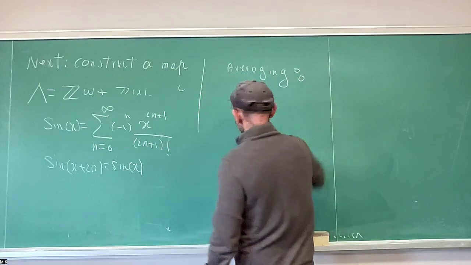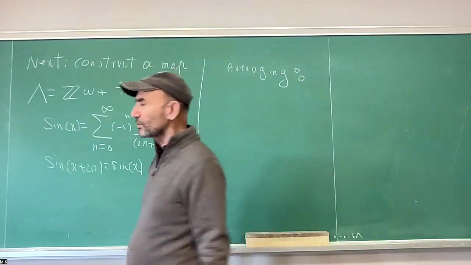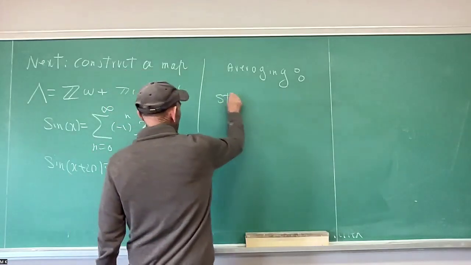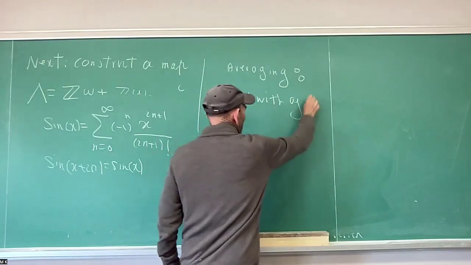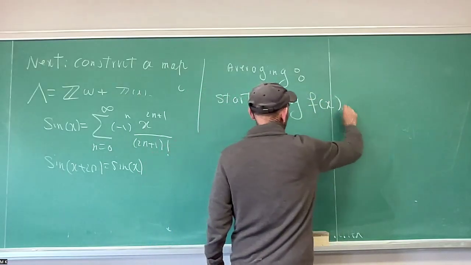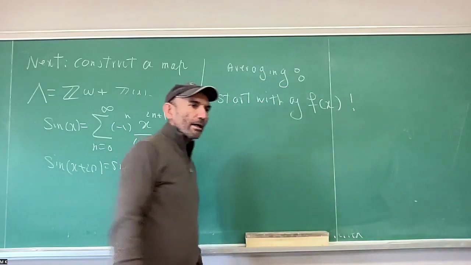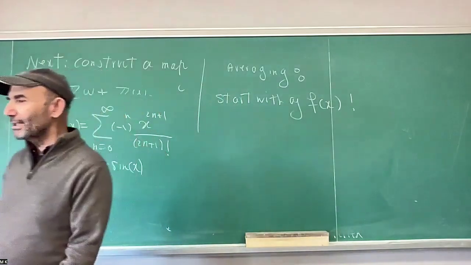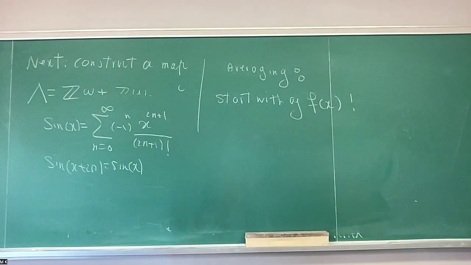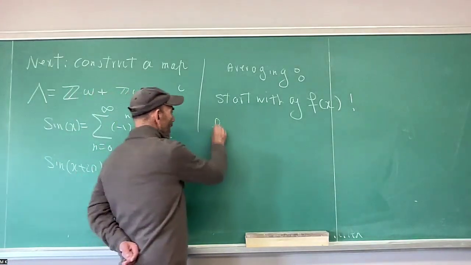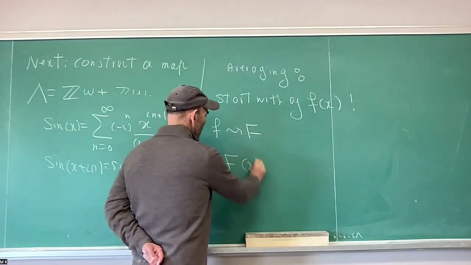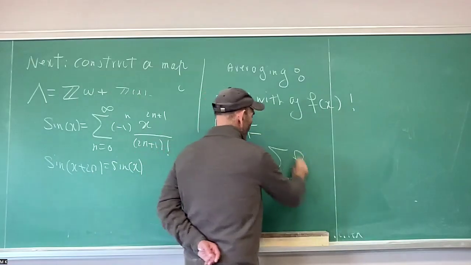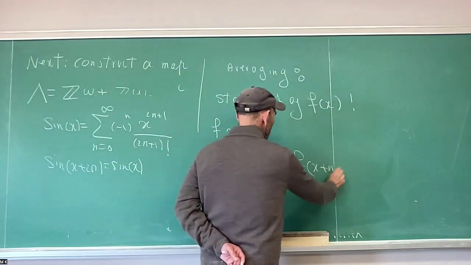But now the idea of averaging. So what is the idea of averaging? Start with any stupid function f of x. Then you want to make it periodic. So what you do, you average over the group. So generally replace f by this F. So capital F of x is equal to the sum of f of x plus n.